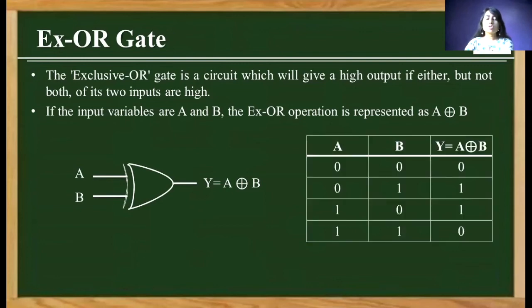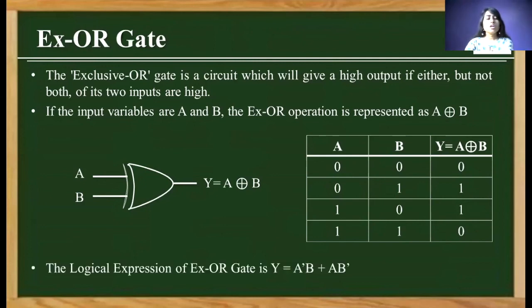Characteristic of the XOR gate: whenever two inputs are the same, that means for A and B both 0 and for A and B both 1, we have a 0 output. Otherwise, for a different input condition, we have a 1 output. That means 0 XOR 0 is 0, 0 XOR 1 is 1, 1 XOR 0 is 1 and 1 XOR 1 is 0. The logical expression of the XOR gate is Y equal to A dash B plus AB dash.